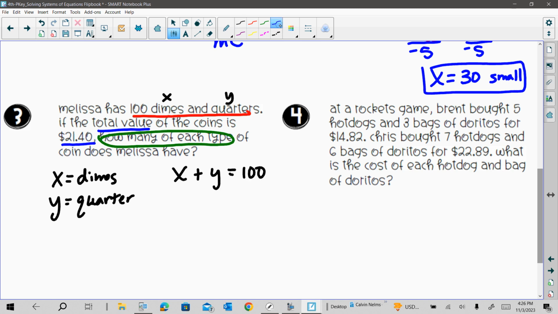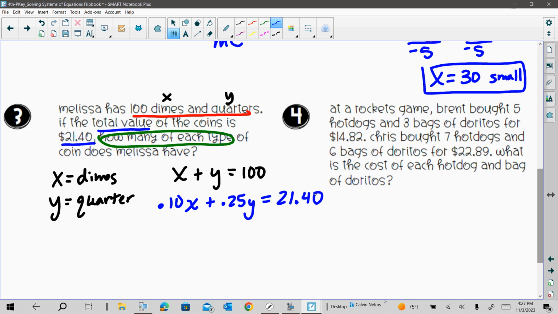Then the second part of the sentence is talking about the total value. So we have to think about what each coin is worth. A dime is 10 cents, so we would write that as 0.10x, plus the quarter, 0.25y, has a total value of $21.40.